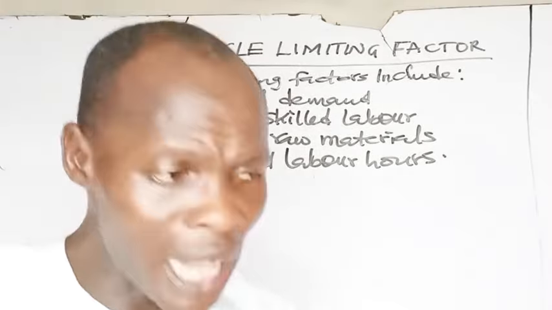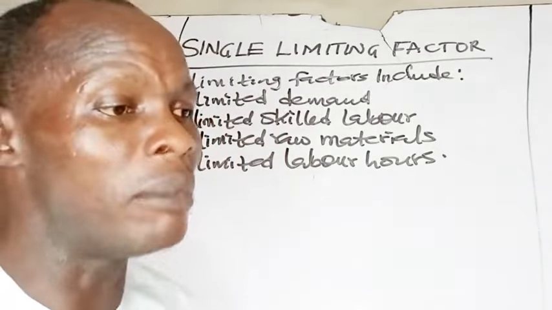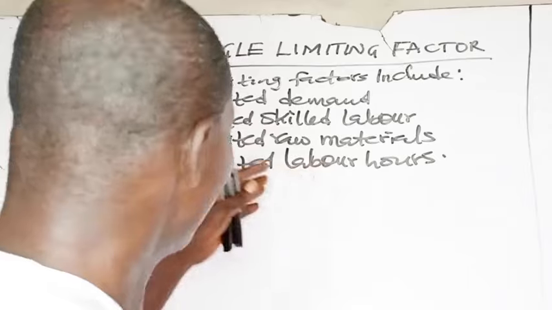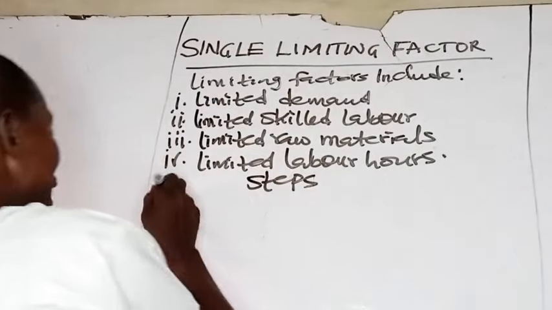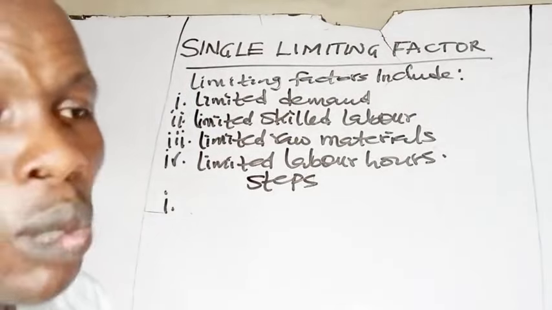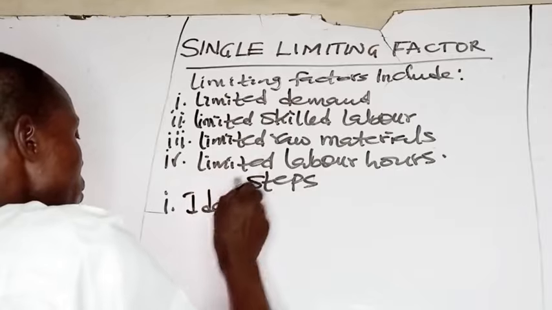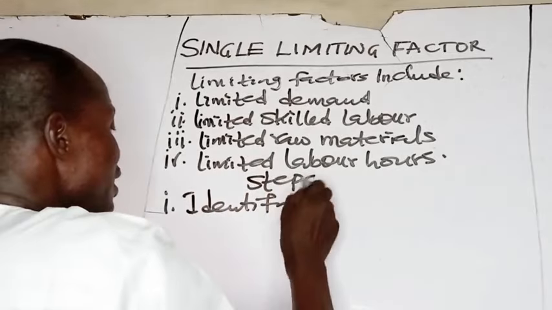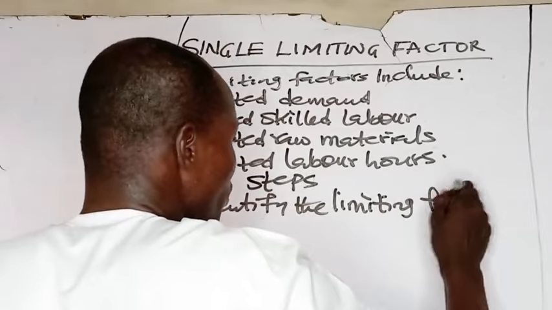What are the steps you need to take when solving problems involving single limiting factor? Step number one is to identify the limiting factor.